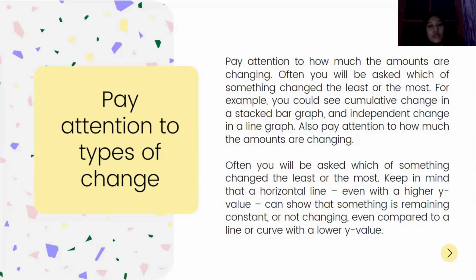Keep in mind that a horizontal line, even with a higher y value, can show that something is remaining constant or not changing, even compared to a line or curve with a lower y value.